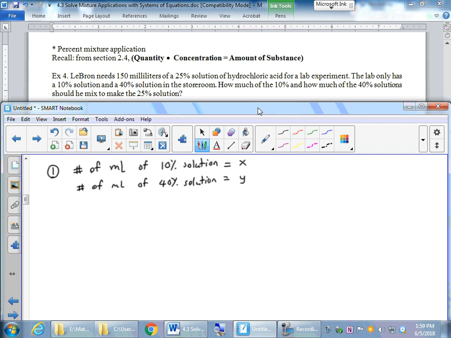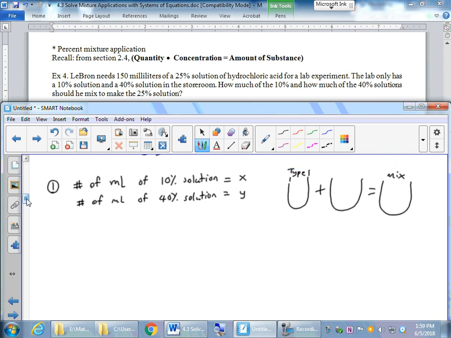Or, you can use what we talked about in the past, which is, remember this cup? Maybe this is better for you to remember. This is the mixture that we want, right? And we have type 1 and we have type 2.